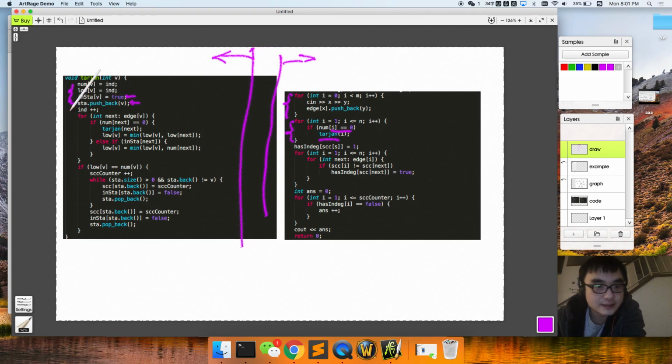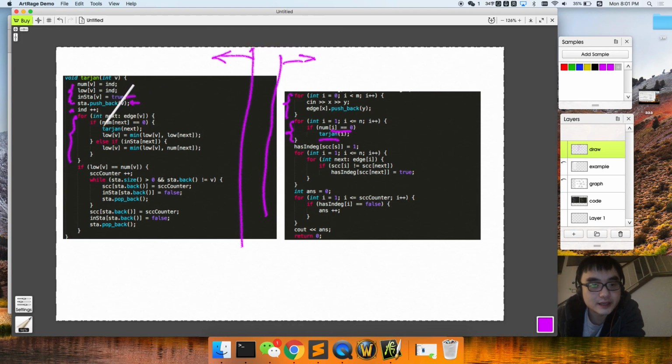And this one keeps track of where we are, how many nodes we have visited before. And this part is where we visit all of those out degrees.